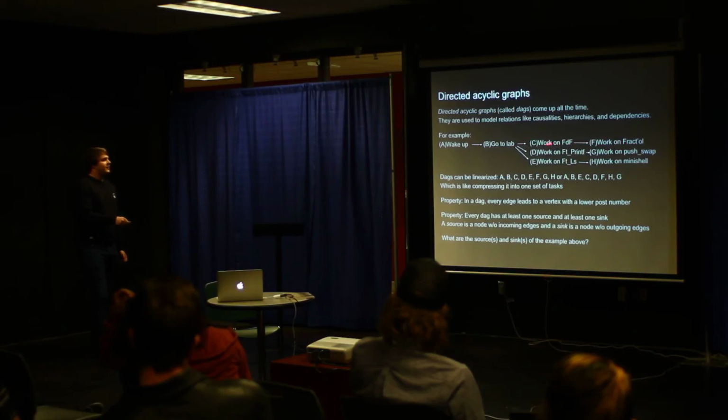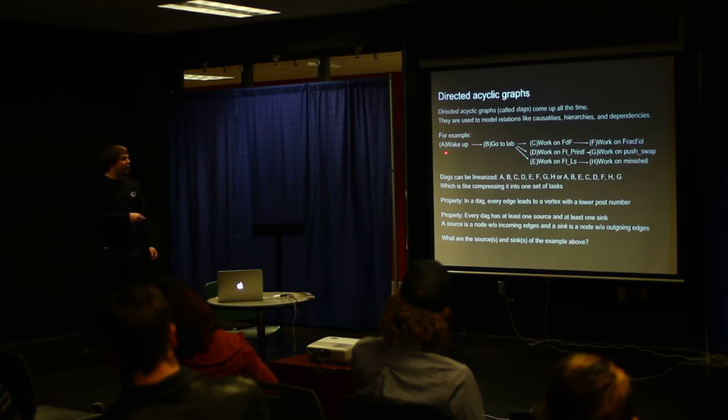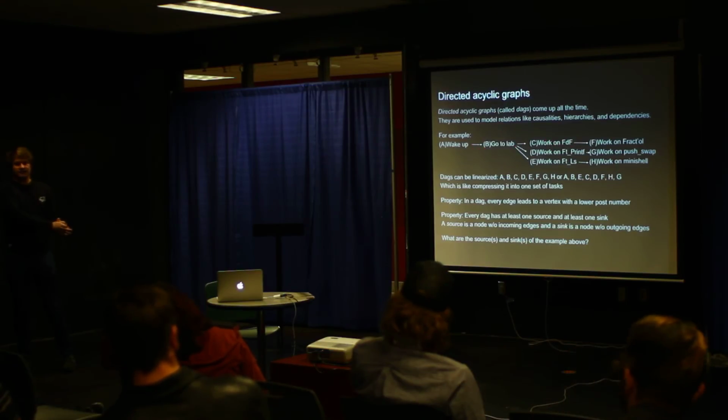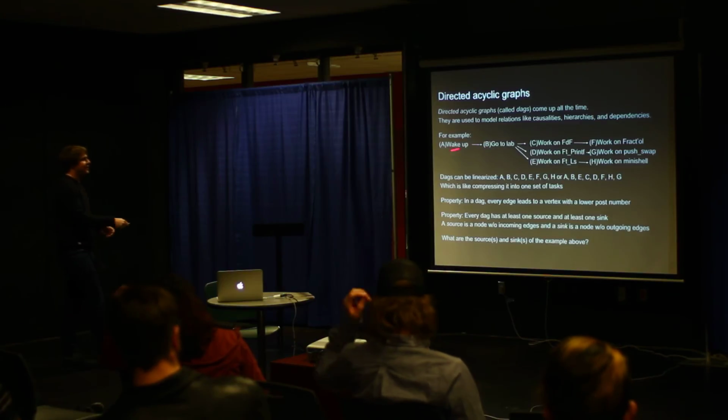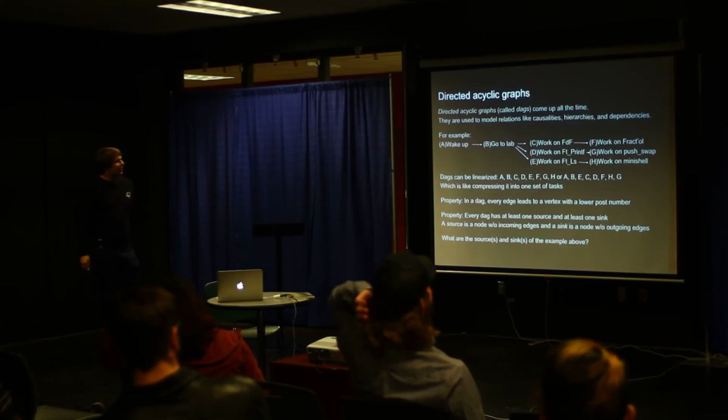When you go back up to work on FDF, you're going to leave that node, so have a post number, before you can go back to B. So B's post number is always going to be higher than C's, because C will have already completed before you could have completed B. Doesn't lend itself great to this example, but we'll keep playing with it.